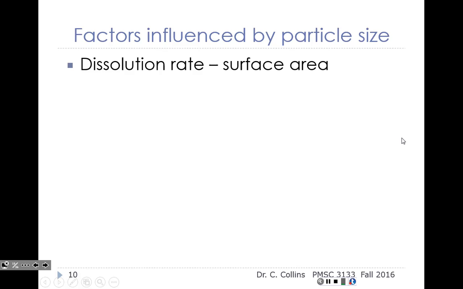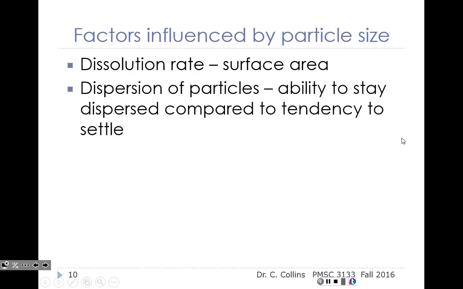Now, conversely, if your particle size is too small, then the free energy of the surface of the really small particles will tend to attract each other rather than the media. So that could lead to an issue. And for some drugs, that's why larger particles actually dissolve faster than smaller particles, because of the free energy interactions.